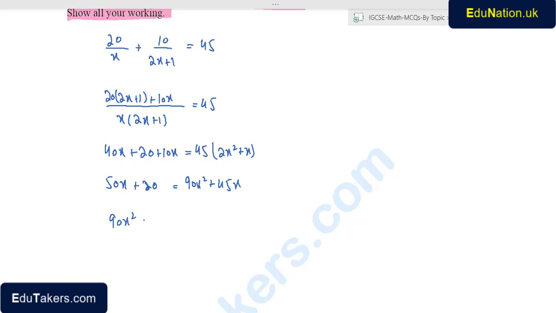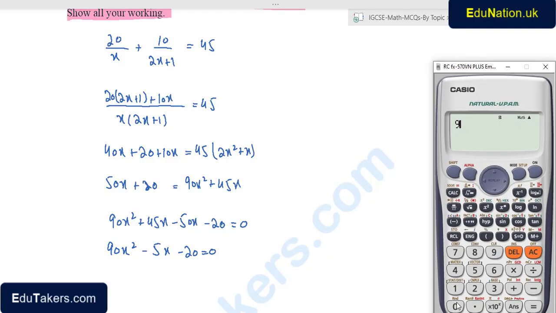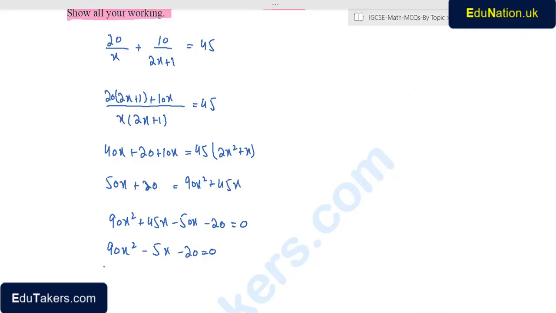90x squared plus 45x minus 50x minus 20 equals 0. So 90x squared minus 5x minus 20 equals 0, and dividing this whole equation by 5, 90 over 5 is 18.